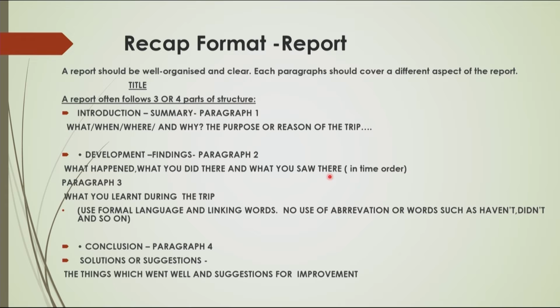To avoid that, you have to use formal language and connectives or linking words. In conclusion, that is the last paragraph, you have solutions or suggestions, the things which went well and suggestions for improvement.